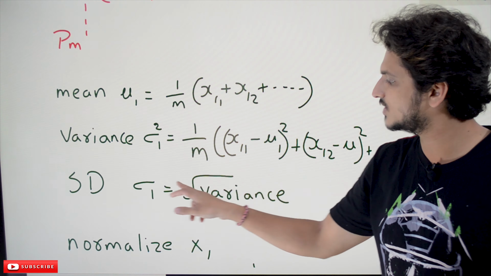Sigma 1 square is the variance, so the square root of sigma 1 square is the standard deviation. That is the normalizing value for the first column.